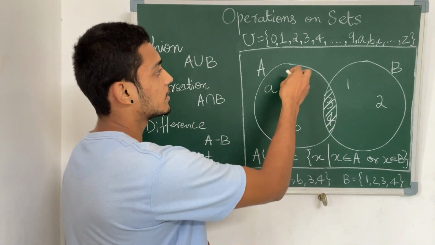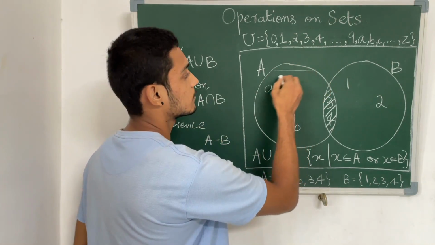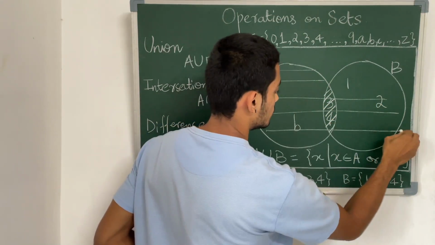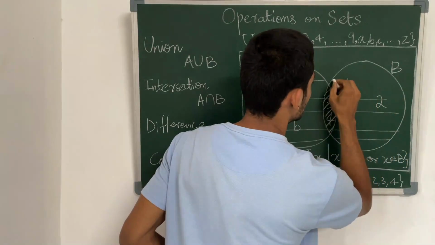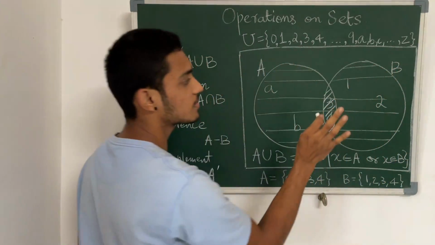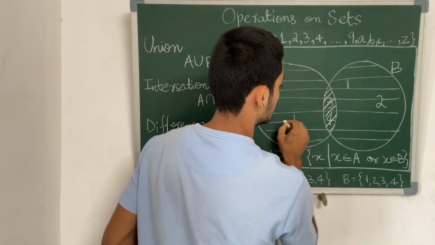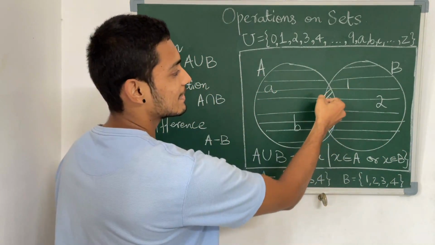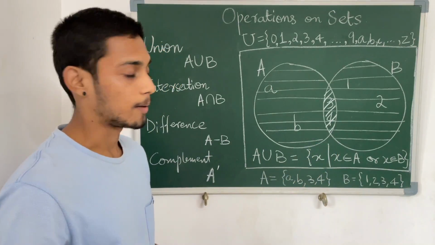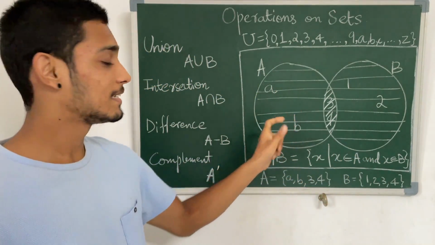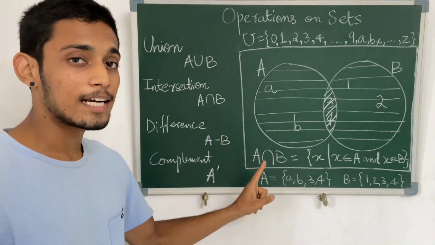Okay, so we understood that the union is this. This is the union. And this is the intersection. Okay, so this is how you can write this particular set in its set builder form.